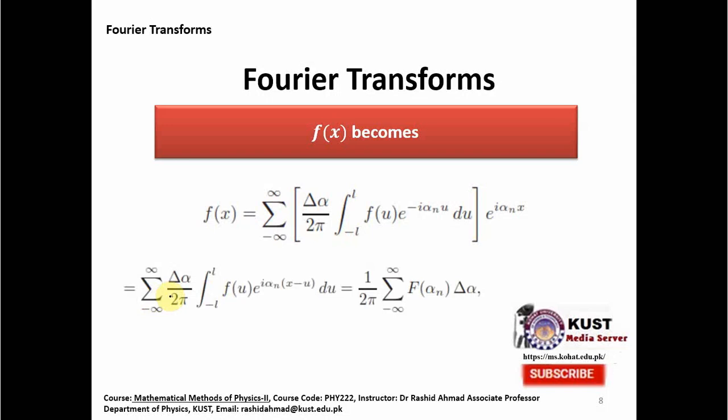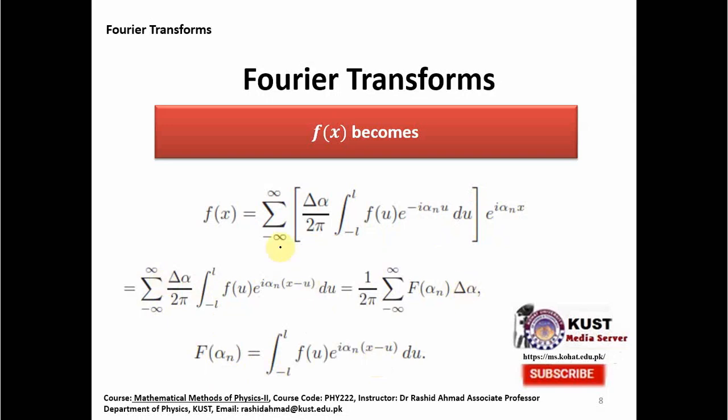And this, as you can see, is equal to this thing, and I have made a minor modification, bringing it in here, and then making a definition of f of alpha n, this integral over here.